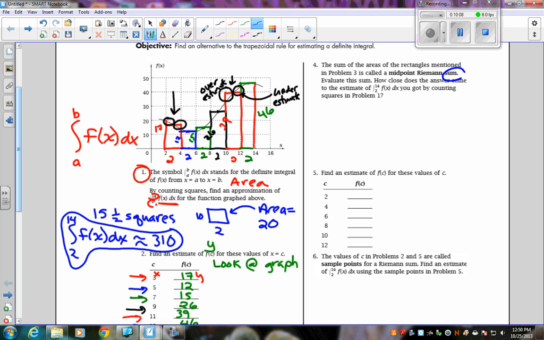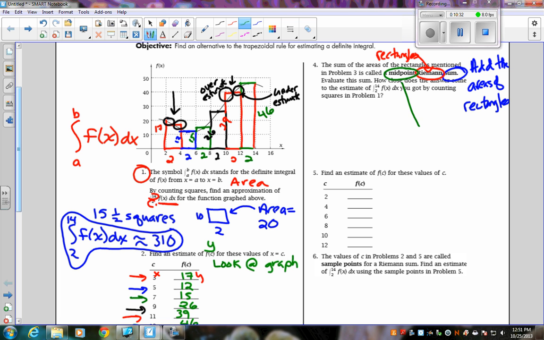So the sum tells us we're going to add the rectangles up. I'm going to add the areas of the rectangles. The word Riemann right here means the shape we're using is rectangles. And then we have this word midpoint.